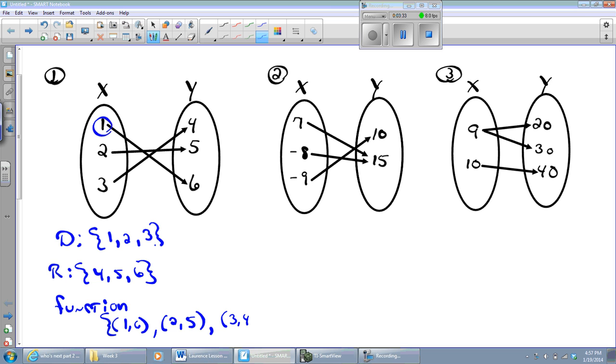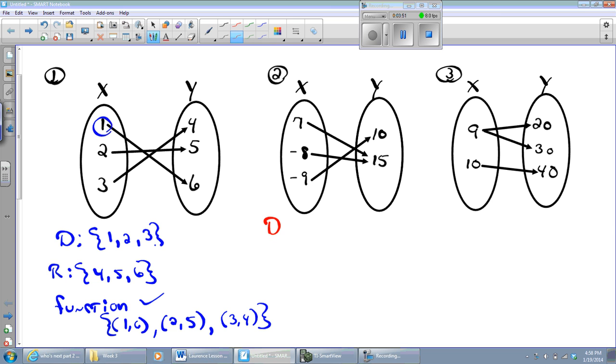So there's my relation, and yes, it is a function because 1 is only going to 6, 2 is only going to 5, 3 is only going to 4. If any one of those numbers had been going to more than one member of the output, it would not be a function.